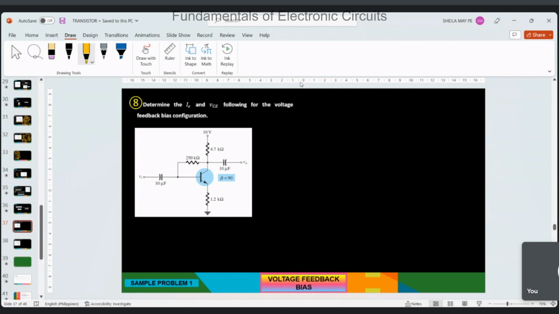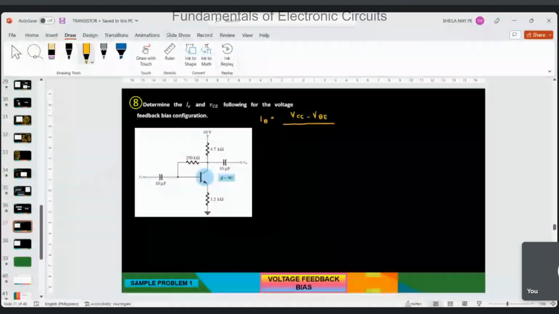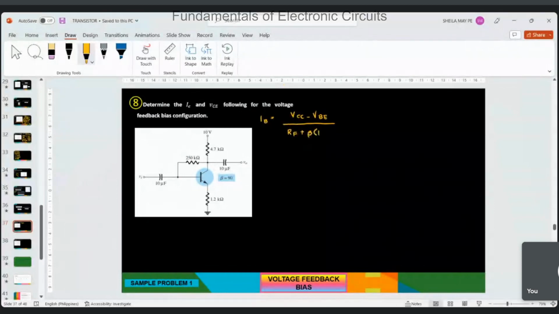IC can be found using our IB. So that's IB. What's the formula of our IB? That's VCC minus VBE divided by RF plus beta times RC plus RE. What can you observe, class?